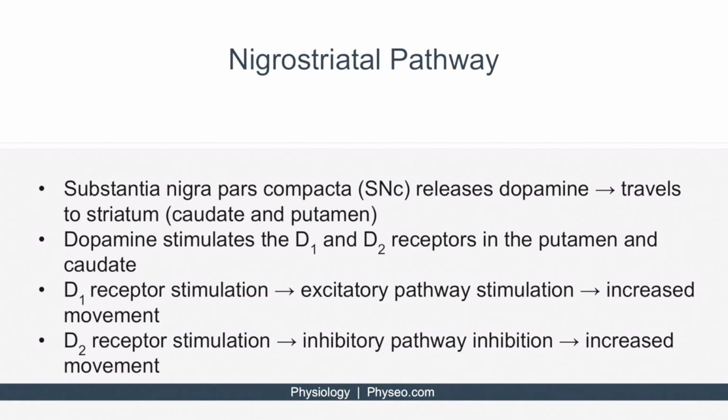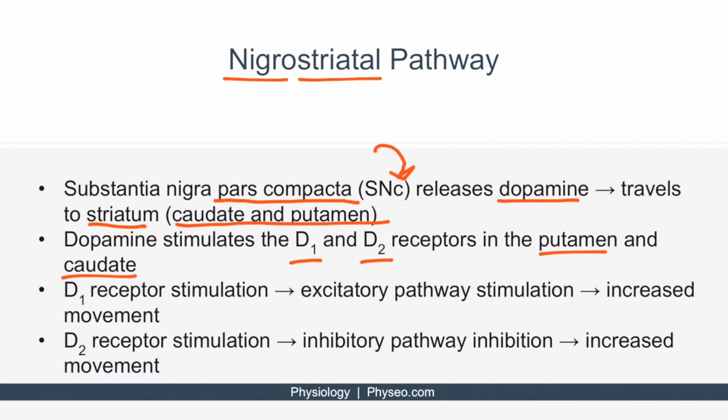So the substantia nigra is divided into two parts. The part we're concerned about is the pars compacta, hence the C in SNC. This releases dopamine, which travels to the striatum, so the caudate and putamen, hence the term nigro, as in substantia nigra, and striatal, as in striatum. Now dopamine stimulates the D1 and D2 receptors found in both the putamen and the caudate.